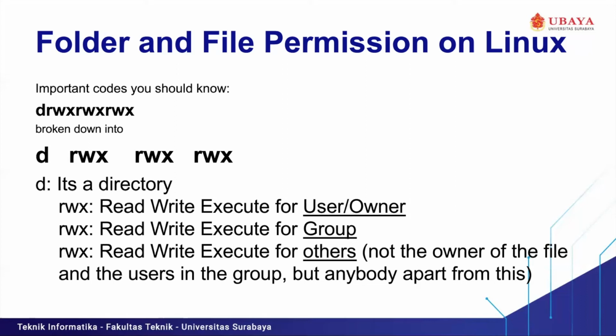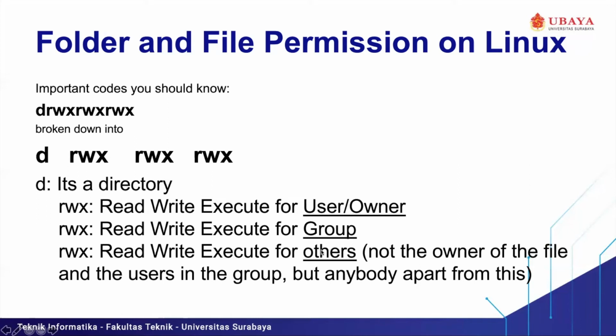So if Naufal creates a new folder or a new file, then he gives access to the same group. It means Farid and Naufal are in the same group. If Naufal gives rwx, then Farid can also read, write, and execute that folder.